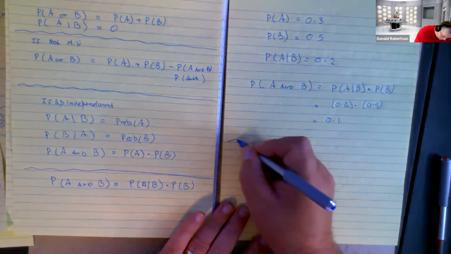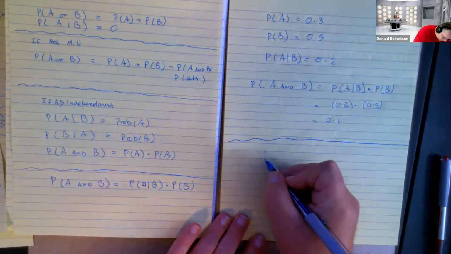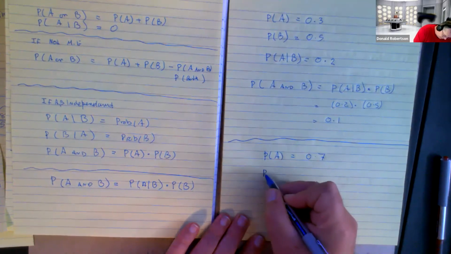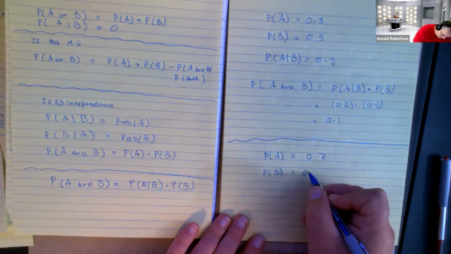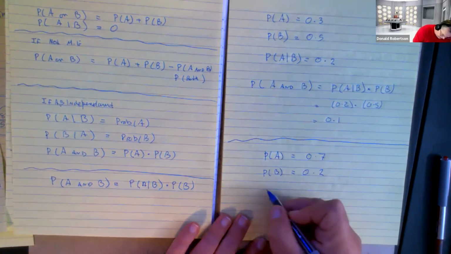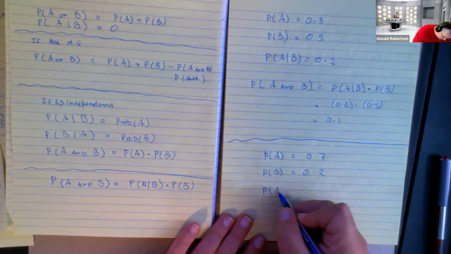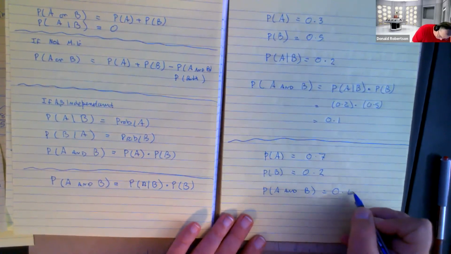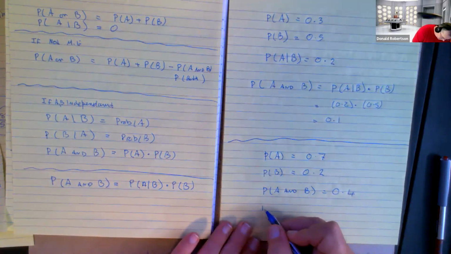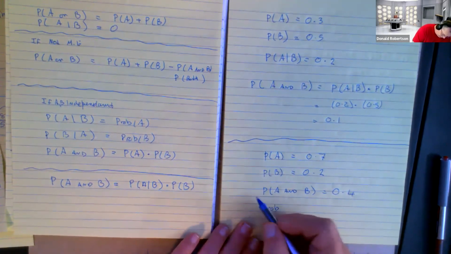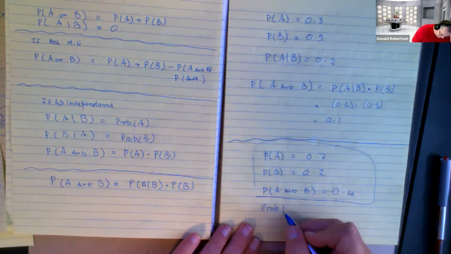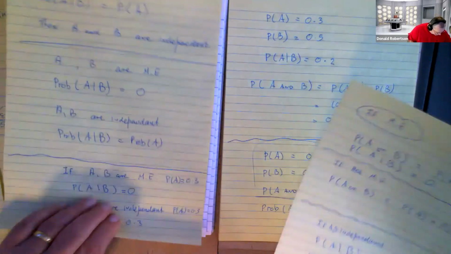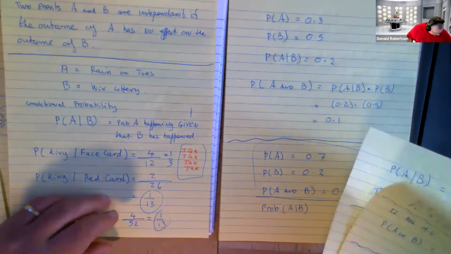Now, let's turn that question on its head just a little. Suppose I tell you the probability of A is 0.7 and the probability of B is 0.2, and I tell you the probability of getting A and B is 0.4. And I would like to find, using those three, the probability of A given B. Let me see if I've still got my list.